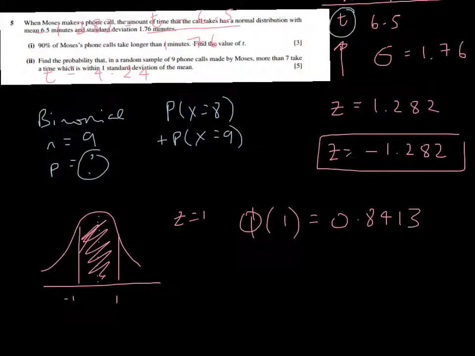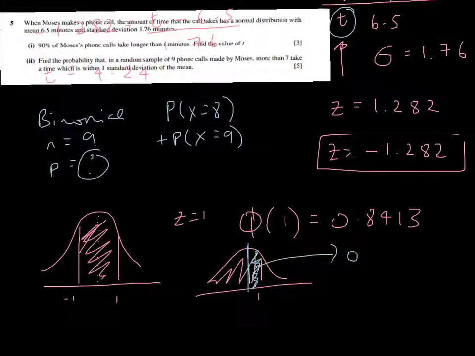Of course, that is the area of everything up to and including 1. And you actually only want the part that goes back to the halfway, back to 0. So if you take 0.5 away from that, you'll get just that blue part there, which is 0.3413.